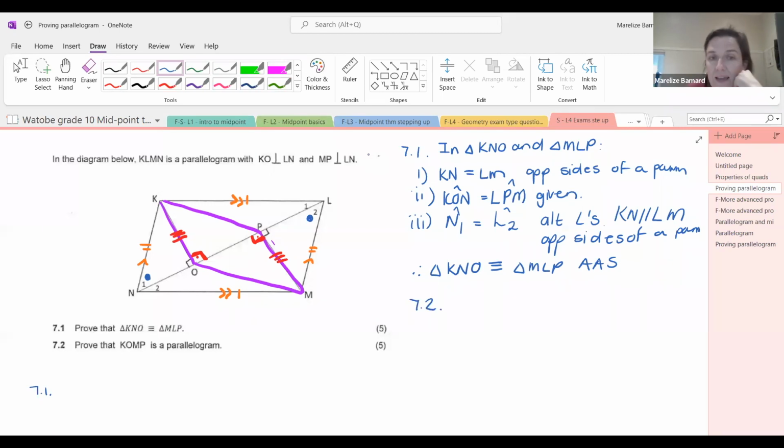Let's start by saying that PM is equal to KO, and the reason for that is that triangle KNO is congruent to triangle MLP. And then we can say angle KOP is equal to 90 degrees, angles on a straight line.